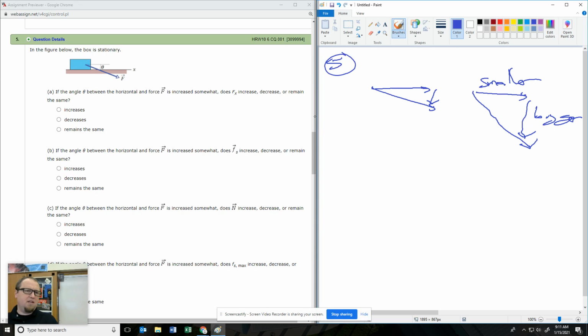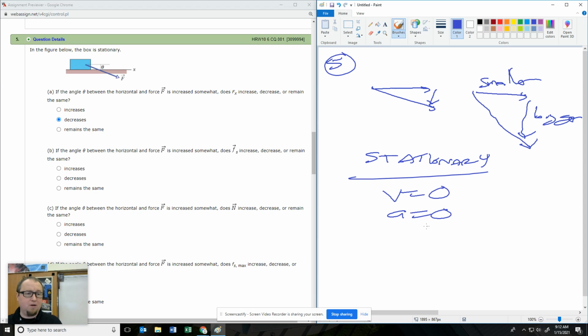So in this problem, it says if the angle gets bigger, Fx gets smaller. If the angle between the horizontal and the force increases somewhat, does friction increase or decrease or remain the same? Now, the box is stationary, meaning the box has a velocity of 0, an acceleration of 0, and it ain't moving.